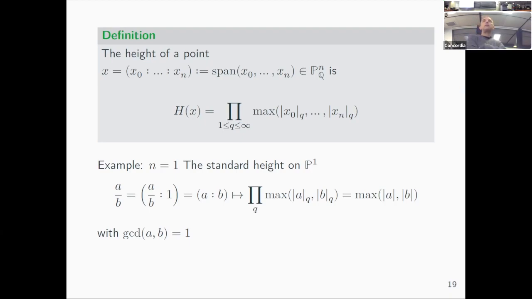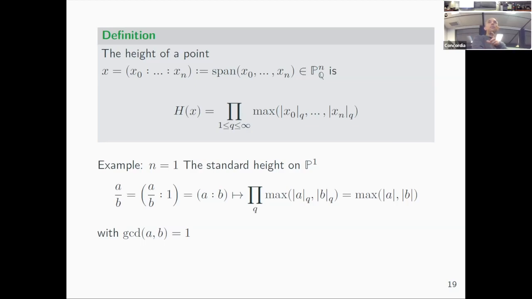And here's a simple example. This is the standard height on P^1, right? You take the rational number a over b. You think about it in projective coordinates as a over b and 1. Now you can scale, because I said I can multiply by anything. So I scale by b, I get the point [a : b]. Now, if I can scale, I can always make sure that a and b are integers and they have no common factors.